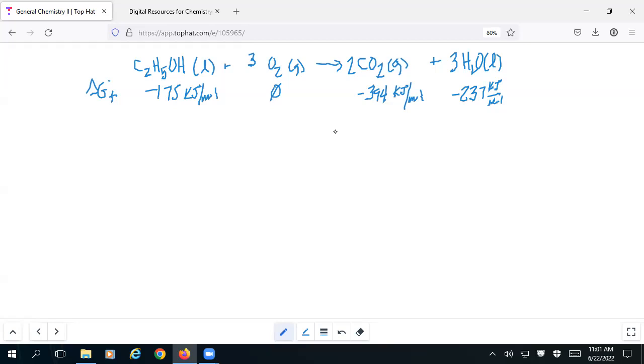So that meant that for the ethanol, we had to grab the formation value for the liquid form, not the gas form. There's about a 6 kilojoule energy difference there. And the same thing for the water. We had to make sure that we got the correct value there as well, because the difference between the two is about an 8 kilojoule difference. Just enough to kind of set things off a little bit.